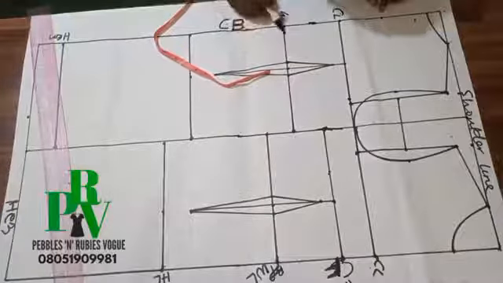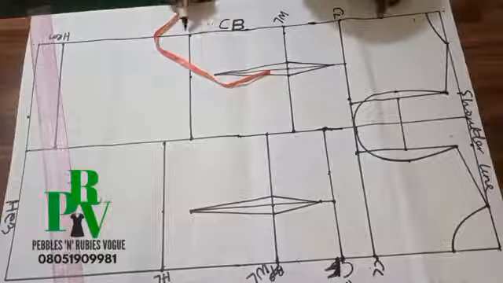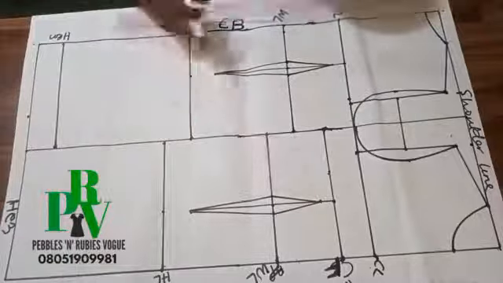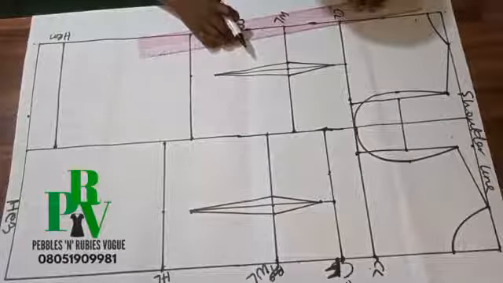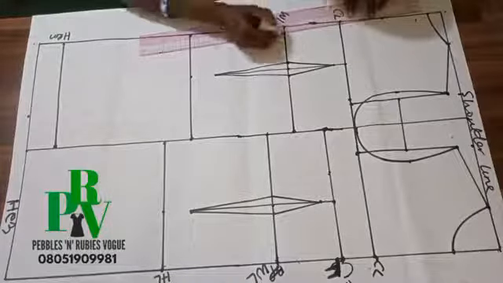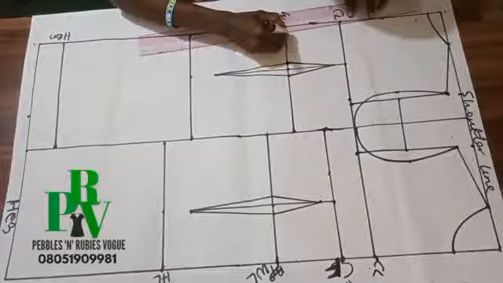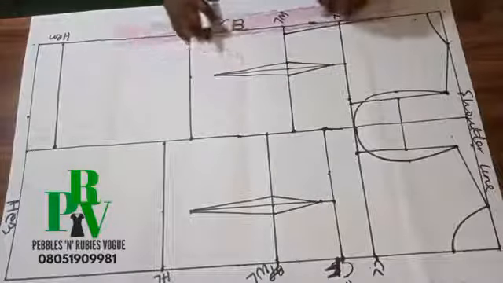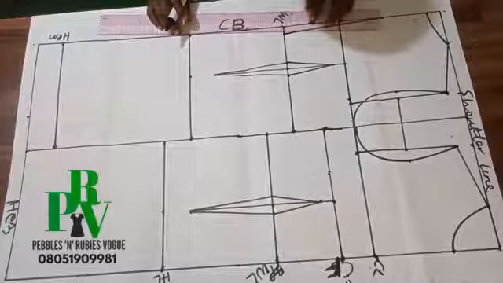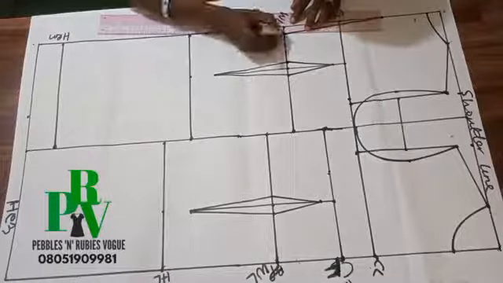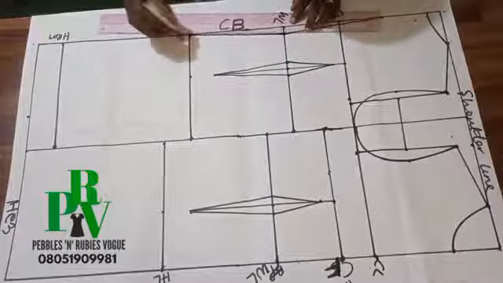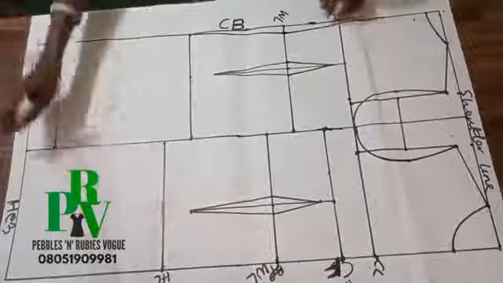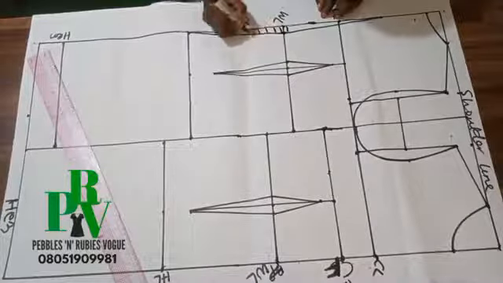So I'm going to connect this 0.5 to this point and then to the hip line, like so. All right. So this is going out of our block.